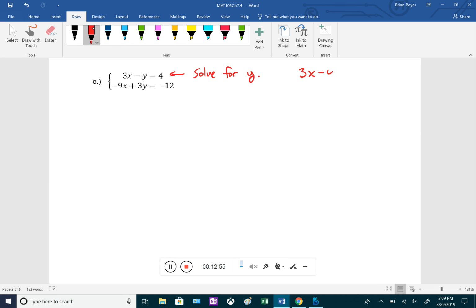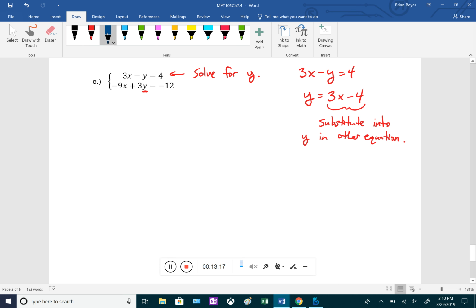So 3x minus y equals 4. We're going to add y to both sides, and then subtract 4 and get y equals 3x minus 4. Now we're going to substitute that expression into the y in the other equation, which is right here.